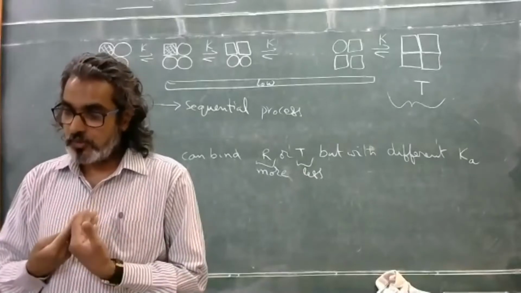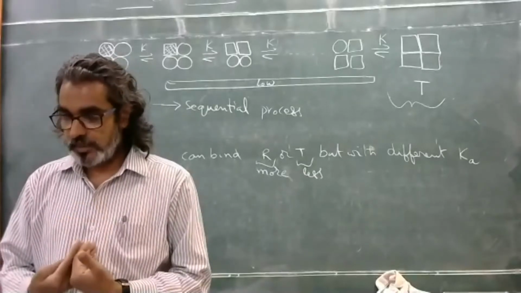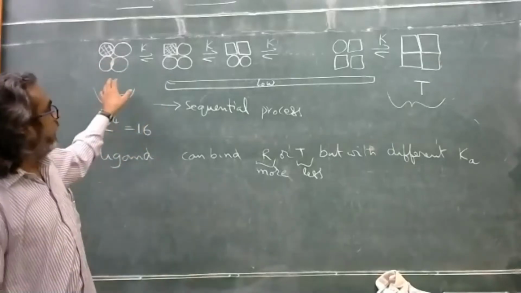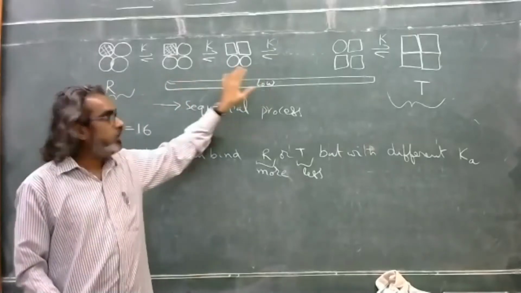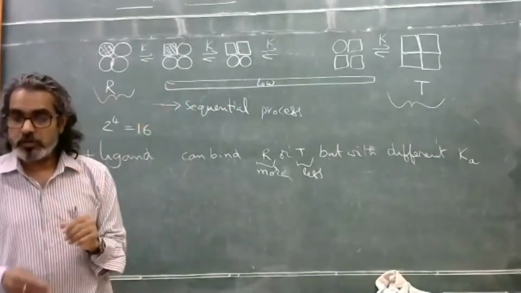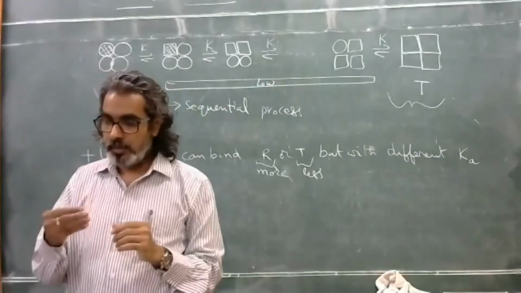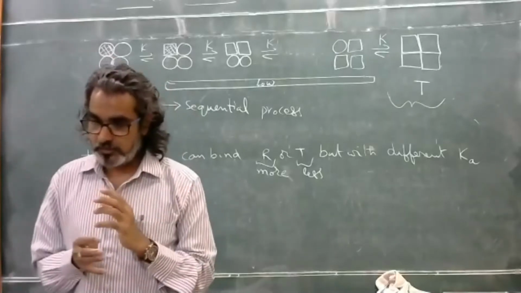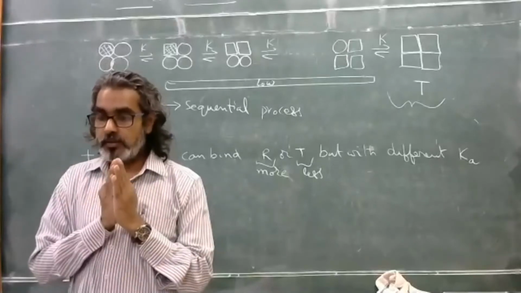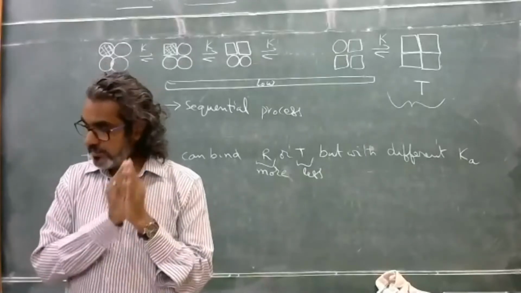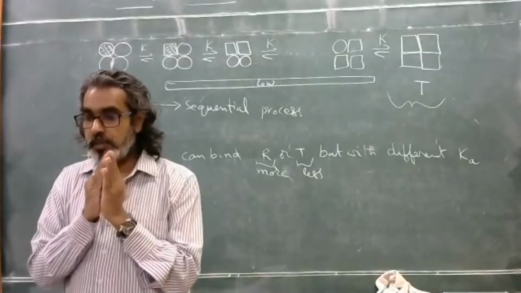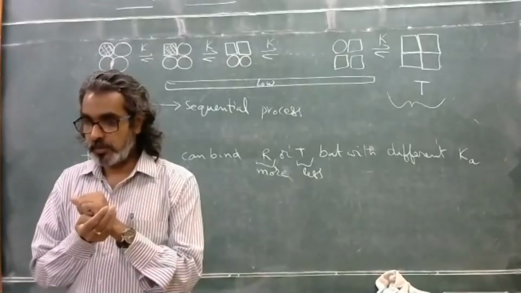But we know that in reality hemoglobin does not behave like myoglobin, because though we have written all possible states here, predominantly these end states are observed because of the cooperativity, or the communication between the subunits. So that's the predominant difference in behavior between a cooperative protein binding ligands versus an independent monomeric protein like myoglobin.